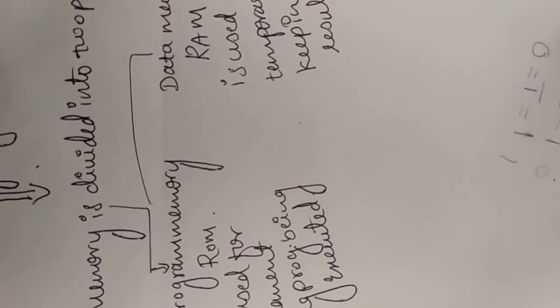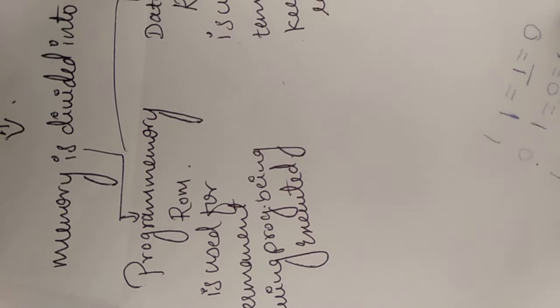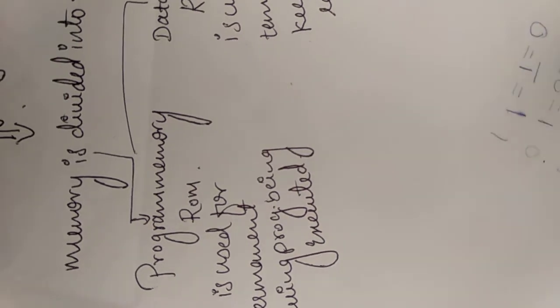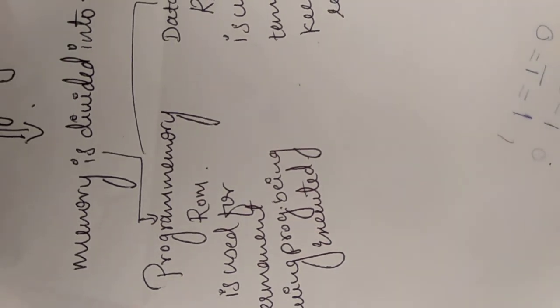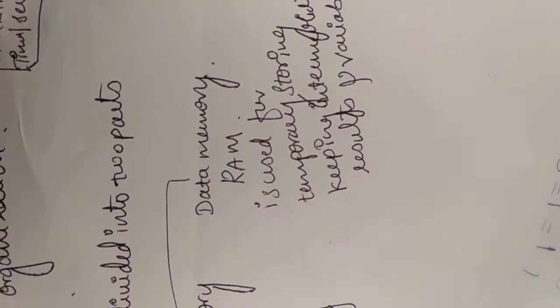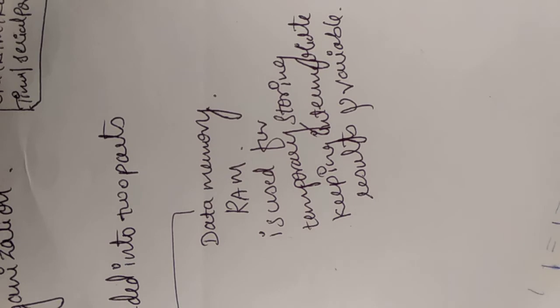So memory is divided into two parts, program memory and data memory. Program memory is used to save the permanent program, which is executed from ROM. The RAM is used for temporary storing, keeping intermediate results and variables.